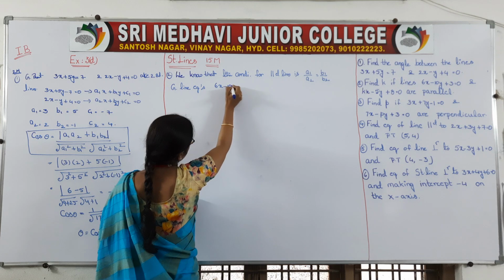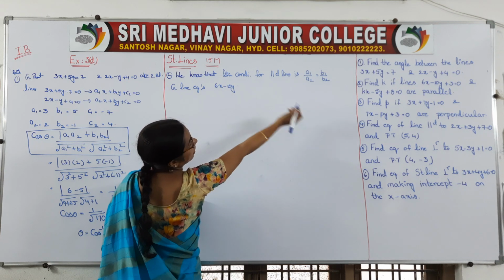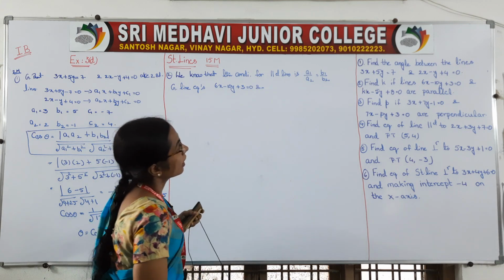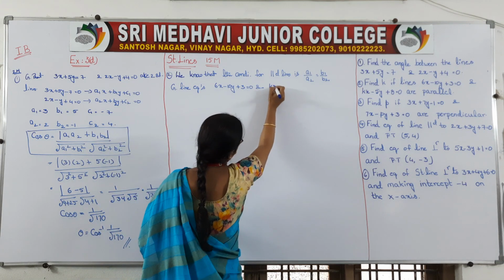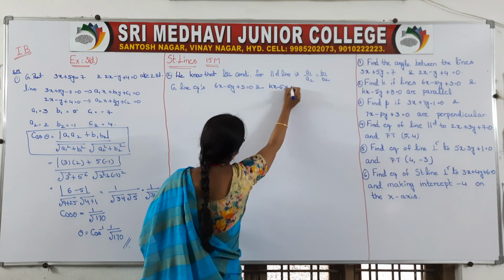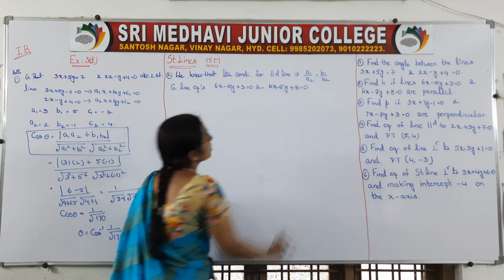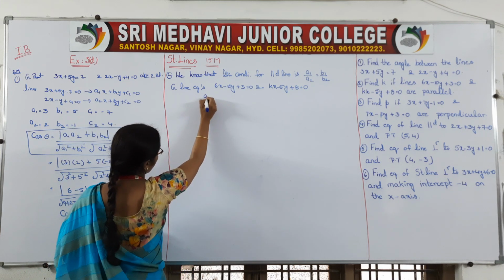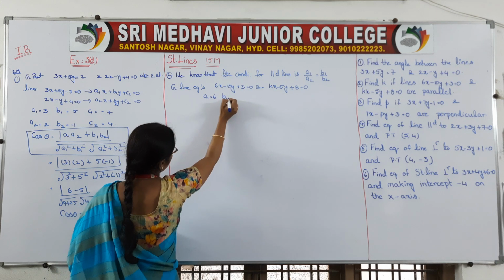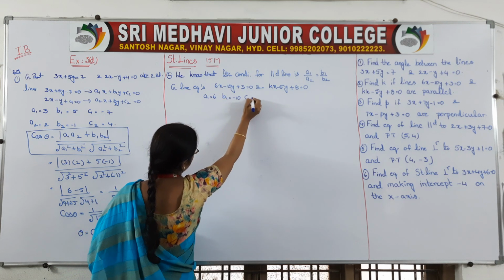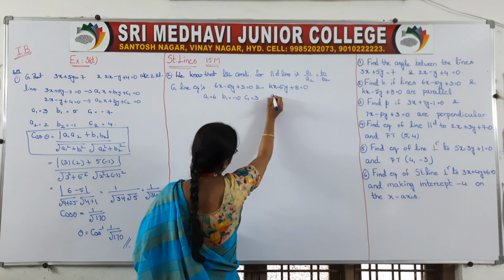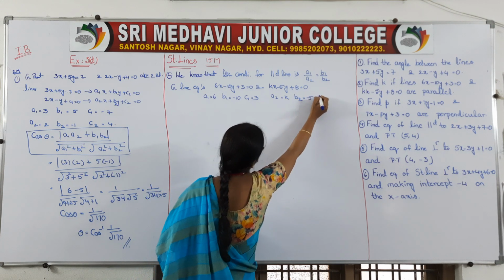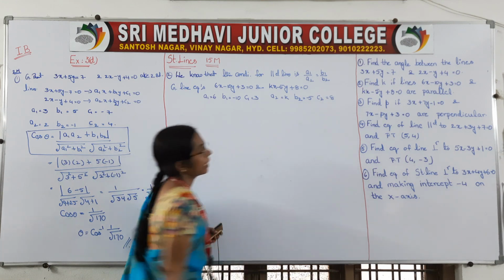6x minus 10y plus 3 is equal to 0, and another line kx minus 5y plus 8 is equal to 0. So compare with a1x plus b1y plus c1. a1 is equal to 6, b1 is equal to minus 10, c1 is equal to 3. a2 is equal to k, b2 is equal to minus 5, c2 is equal to 8.